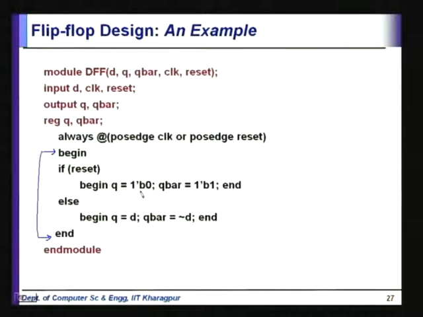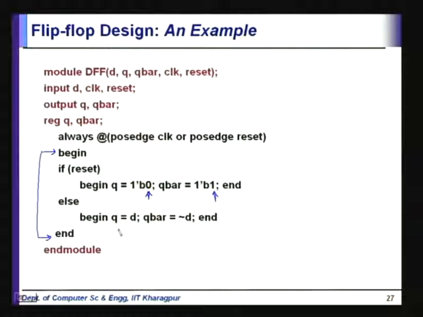What does this indicate? 1'b indicates that this is a single bit and the value of that bit is 0. So, what does it mean? It assigns Q to 0, right, and Q bar is 1'b1, which means that we assign 1 to Q bar. So, that is what we want to do when we have reset. Q becomes 0 and Q bar becomes 1.